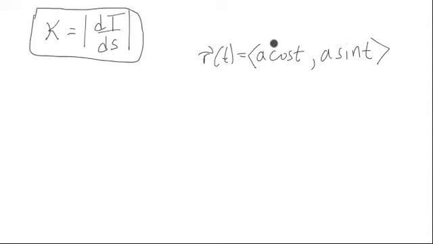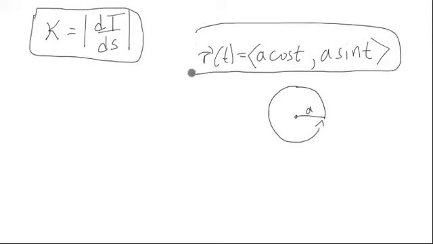Now, this actually parameterizes a circle, x coordinate, y coordinate, of radius a itself. Okay, so let's try to compute this value for this particular function and see what we get.